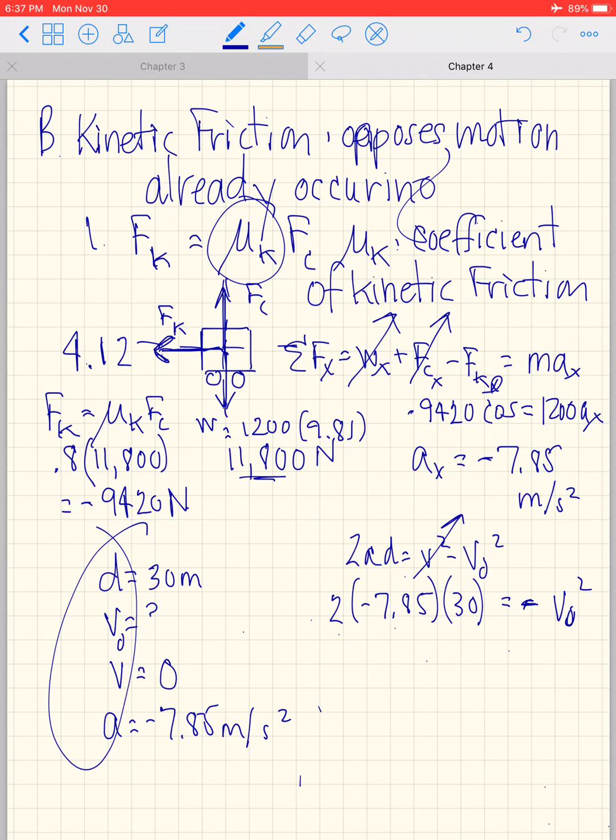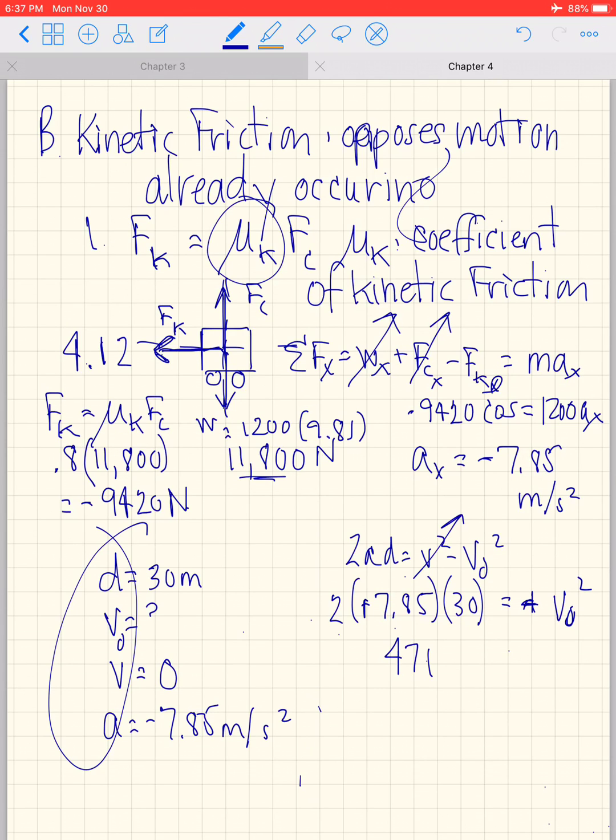Wow, I got confused on that. I do the math, and give me just a second here because I don't have this one in front of me. I'm going to cancel these negatives out right away because they're on both sides. I just multiply both sides by negative 1 and I'm good. So it's 2 times 7.85 times 30 is equal to, so my V naught squared is 471.